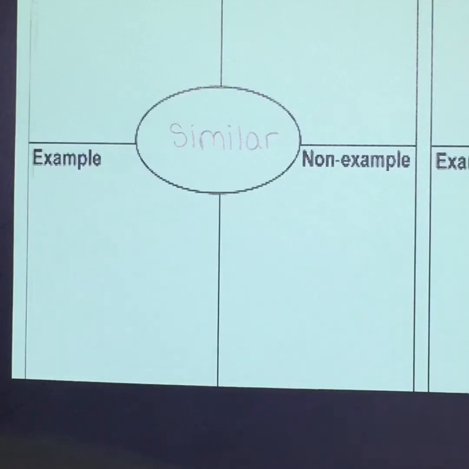Similar. I want you to take about 10 seconds to think about what that word similar means. If I say that two items, or two shapes, or two figures are similar, what does that mean?